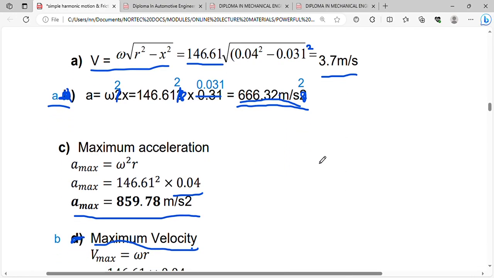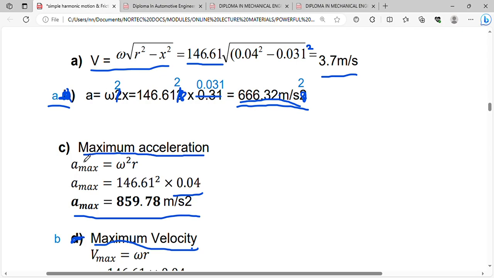You continue with acceleration, and you get your acceleration as 6.32. This is just acceleration, not the maximum one. So W squared X refers to just the acceleration. But if you proceed with the next one, it talks about the maximum acceleration.